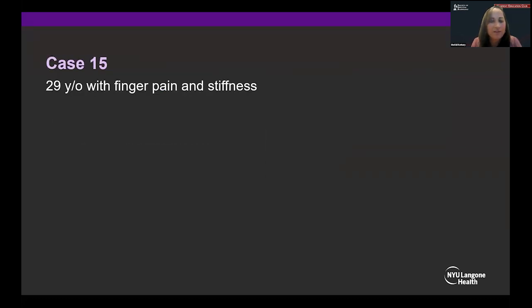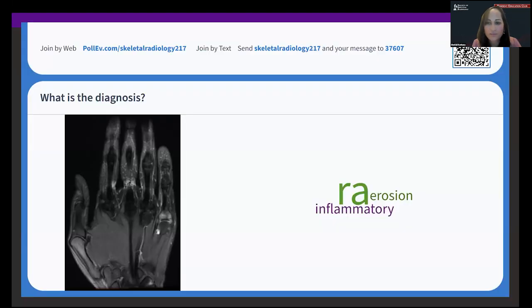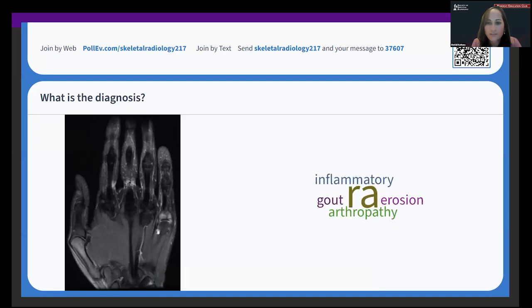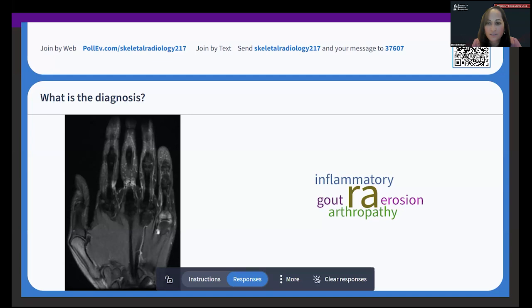Okay. Our next case, we have a 29-year-old with finger pain and stiffness. So we have some responses for inflammatory, rheumatoid arthritis, gout, erosion.